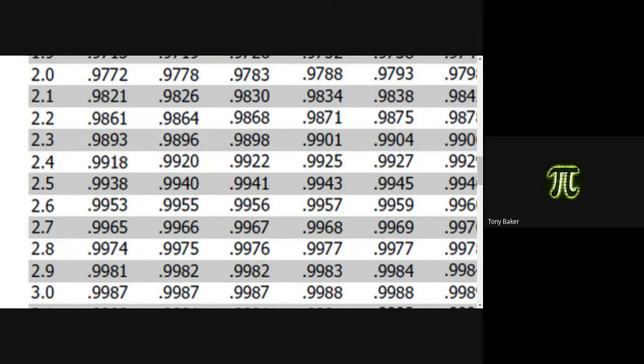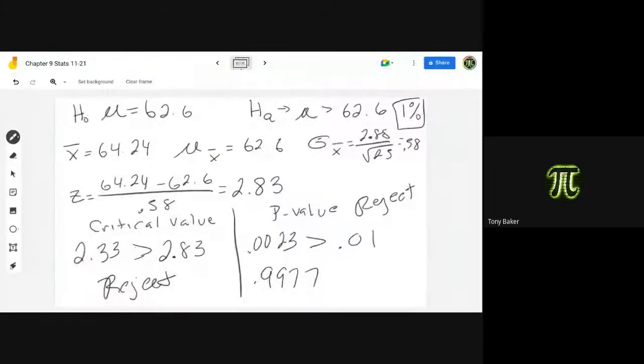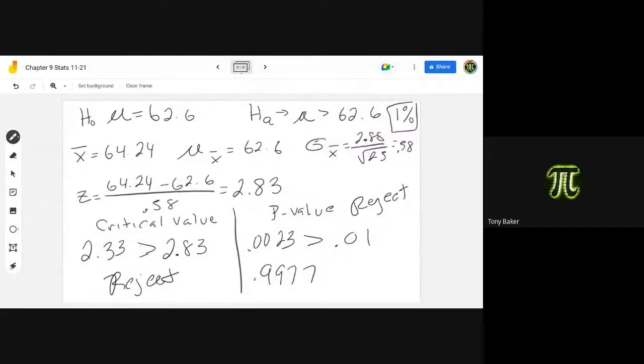So it's 2.33. And that means I also reject. So for the critical value, you're looking for 1%. For the p-value, you're looking for whatever your z-score was, and I'm going to compare that to the 1%. Either one's going to come out the same.